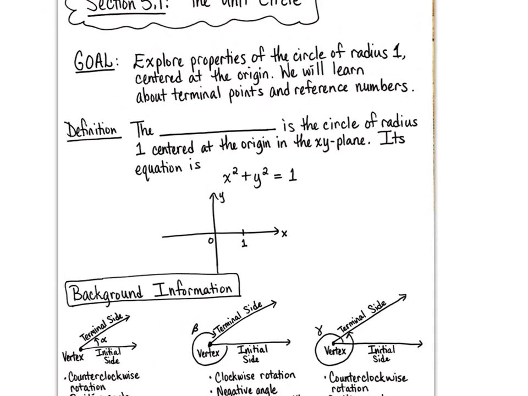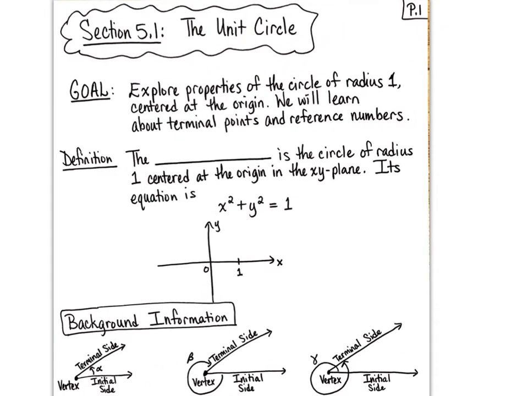I'll zoom in a little bit here. So the unit circle is the circle of radius 1 centered at the origin in the xy plane. The equation for the unit circle is x squared plus y squared equals 1. Okay?